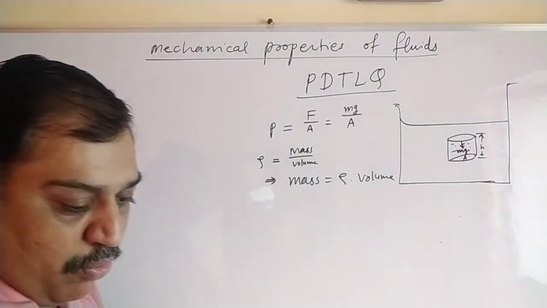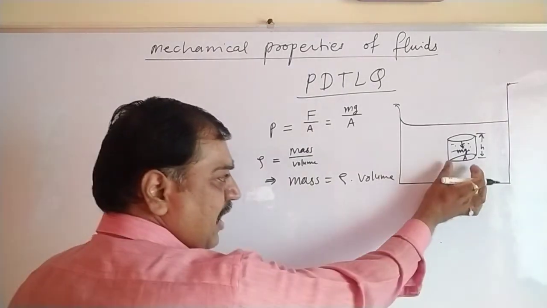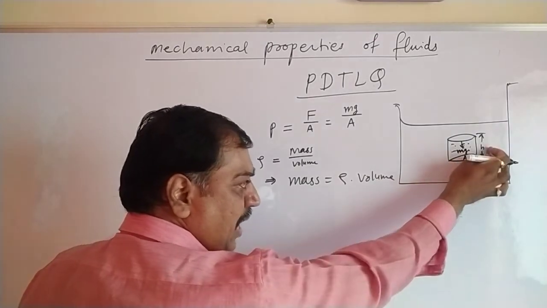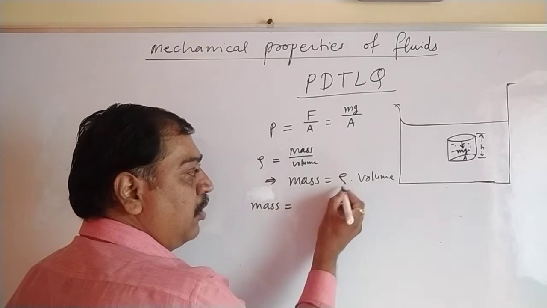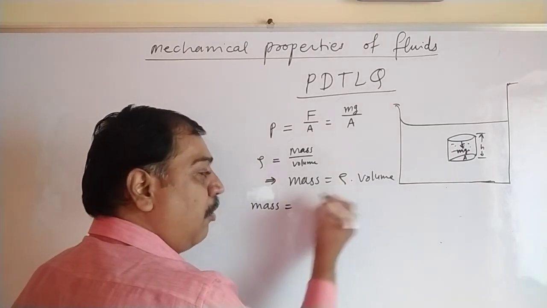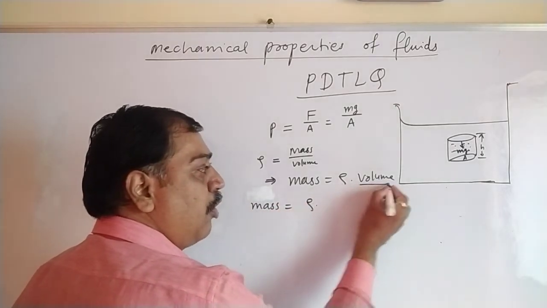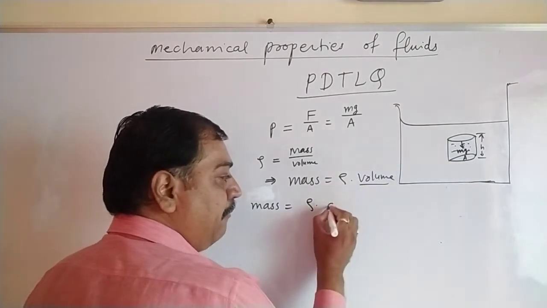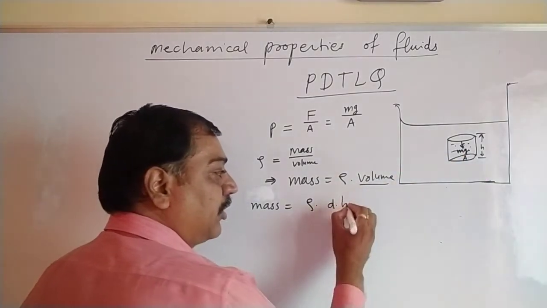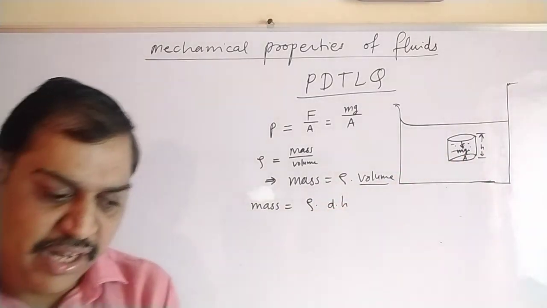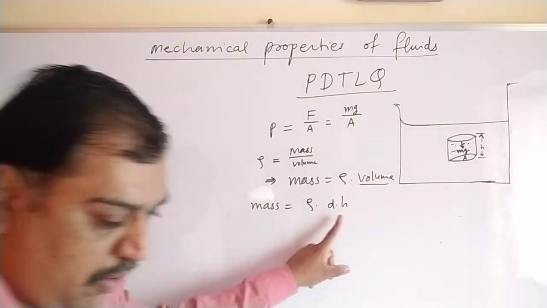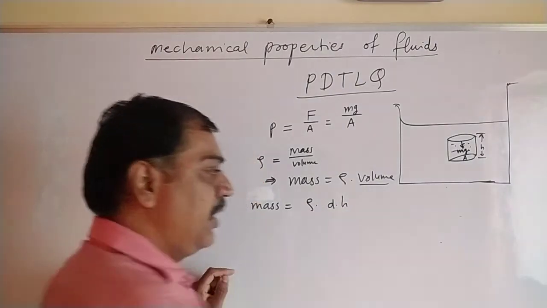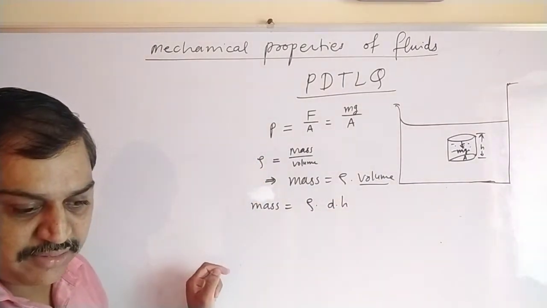So what is the volume of the cylinder? The cylinder has volume equal to area into height. So mass equals rho into volume, and volume means area A into height H. So what do we get? Rho dH?